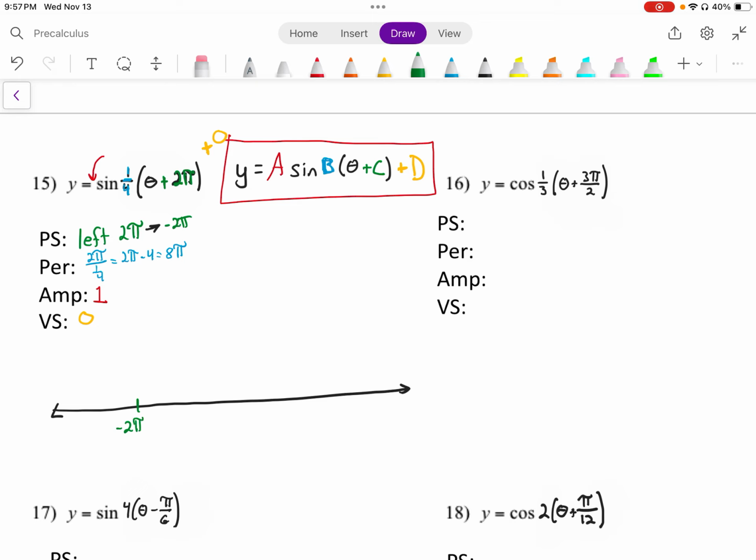The starting point of our first cycle is negative 2 pi, and then we're going to add the period, which in this case is 8 pi, to get the end point.